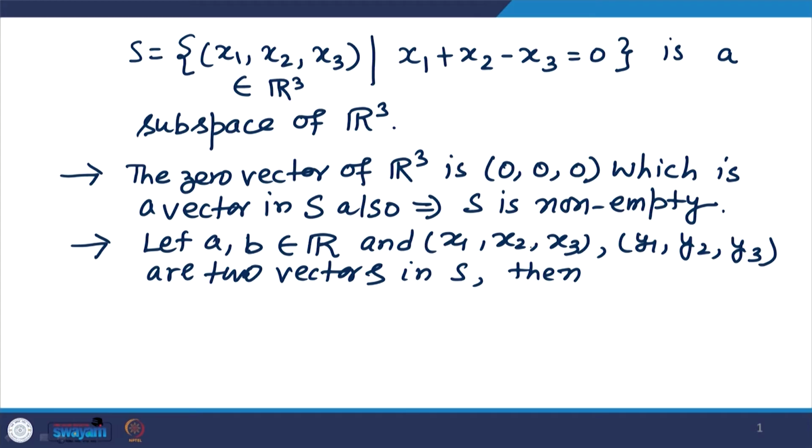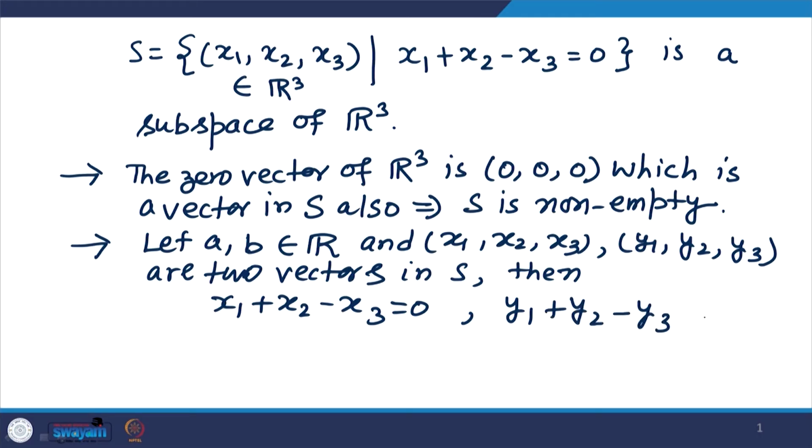Since (x1, x2, x3) is a vector in S, x1 plus x2 minus x3 is 0, and (y1, y2, y3) is also a vector in S, so y1 plus y2 minus y3 equals 0.